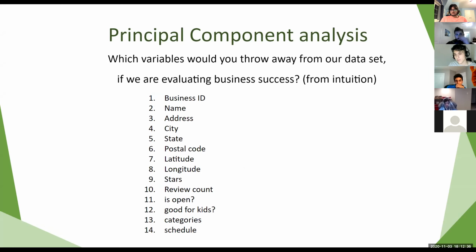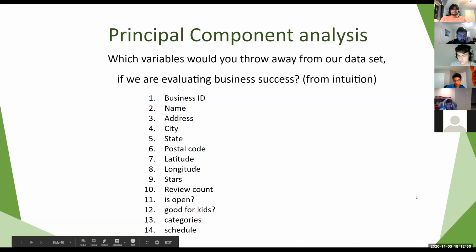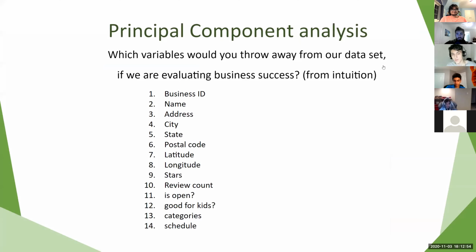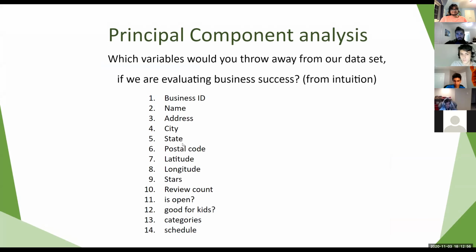Remember, this is an unsupervised model, so you want to allow the model itself to discover info that's invisible to us. So keep that in mind when you're thinking of what to discard. City and state. Oh, sorry. Okay, yeah, so we throw away city and state as well.